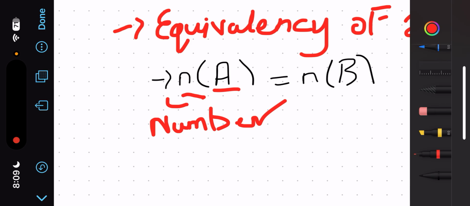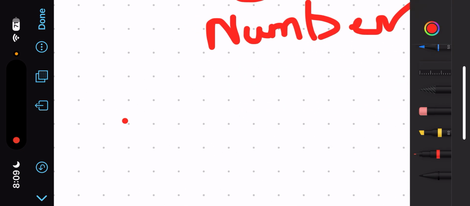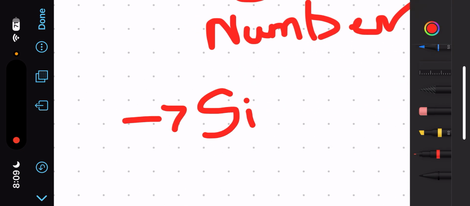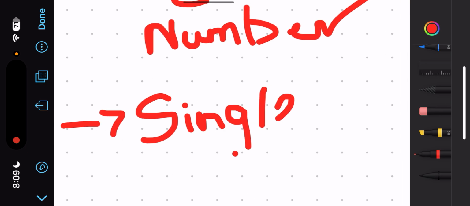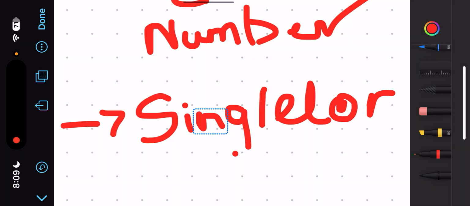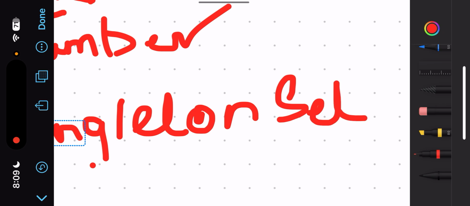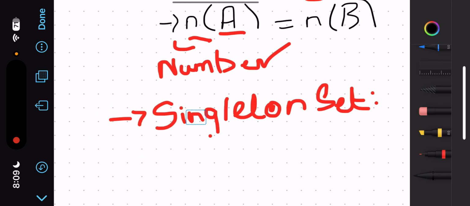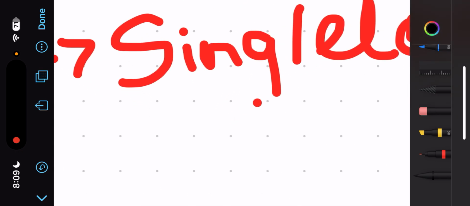Now we will move towards our other topic, which is the singleton set. What does singleton set mean? A set having one element is called a singleton set.